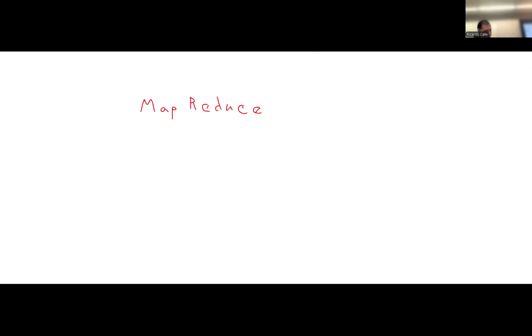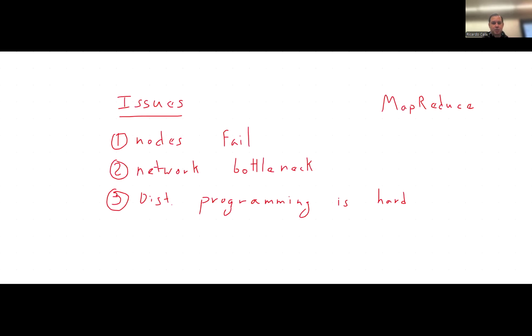So the first problem was nodes fail, right? So what's the solution to that? Redundancy, right? So how does MapReduce address these?